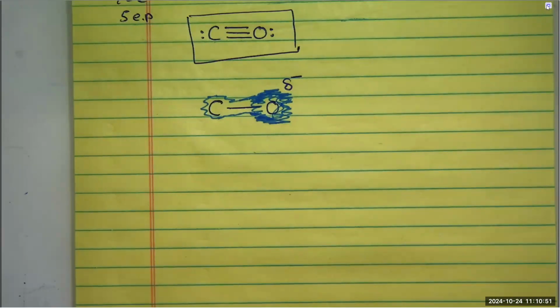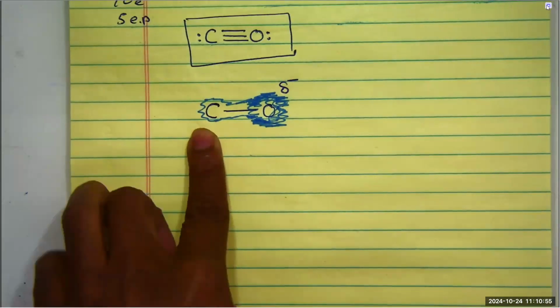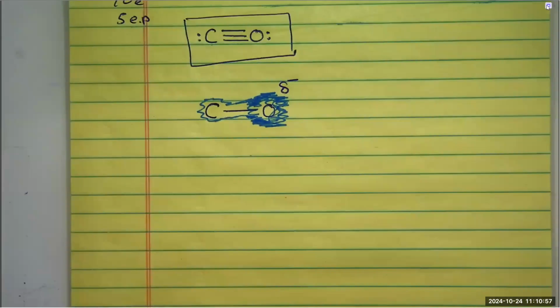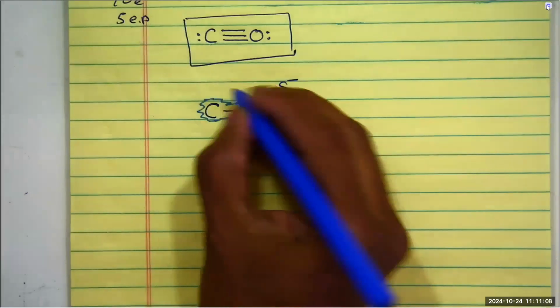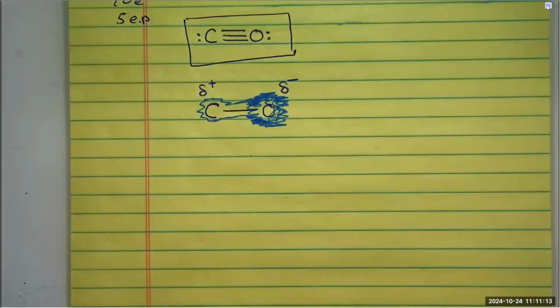All right. Here's a follow-up question. What will be the partial charge on carbon then? Partial charge on carbon should be, everybody? Thank you. Positive, partially positive. Why? It has fewer electrons now because oxygen is pulling away the electrons. Therefore, the partial charge on carbon will be positive.